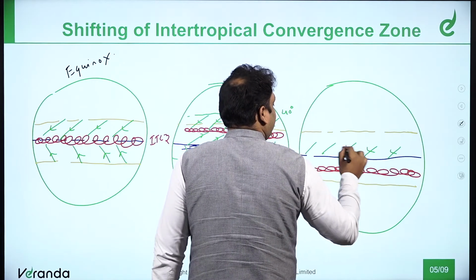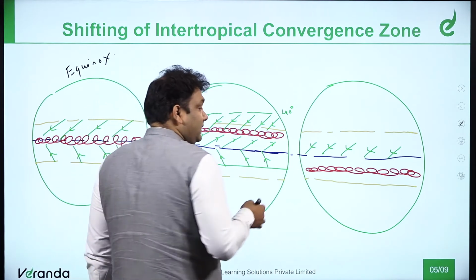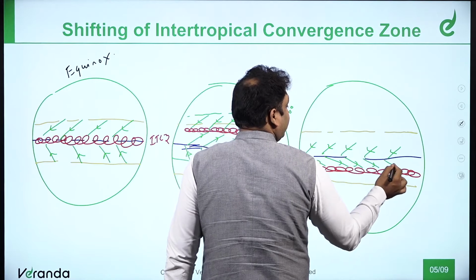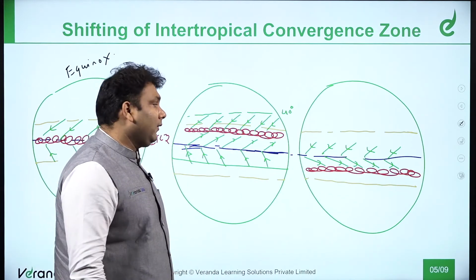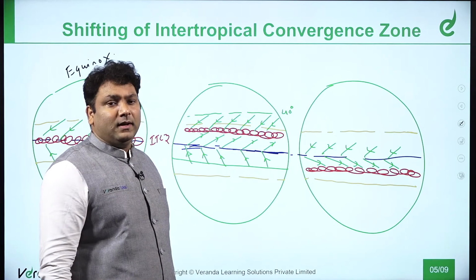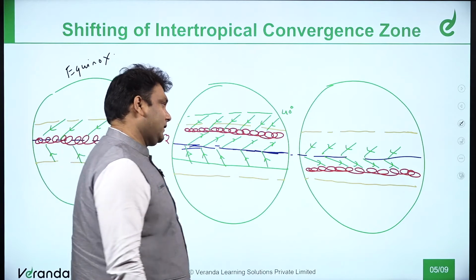They actually want to move towards the ITCZ, but after the equator they will be changing the direction. So these modified trade winds in the southern hemisphere after the turn will also create a monsoonal type of climate in Brazil, in eastern part of Africa, Mozambique channel, and also in Australia.